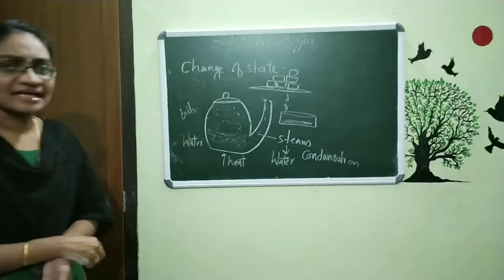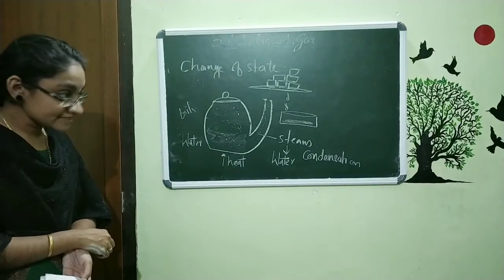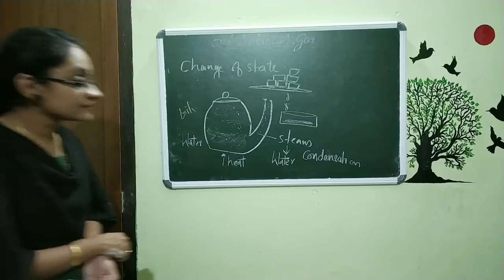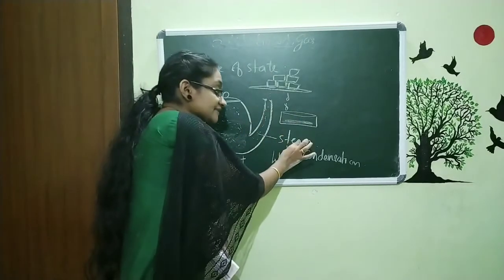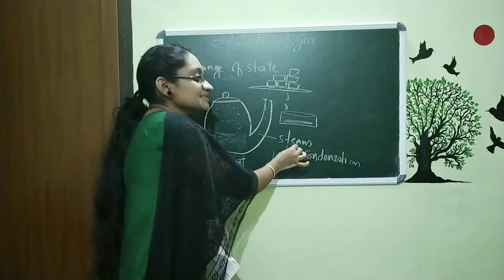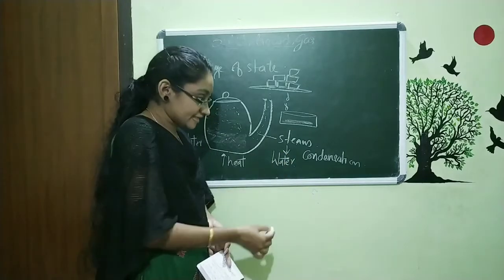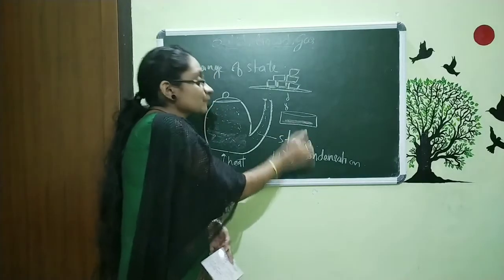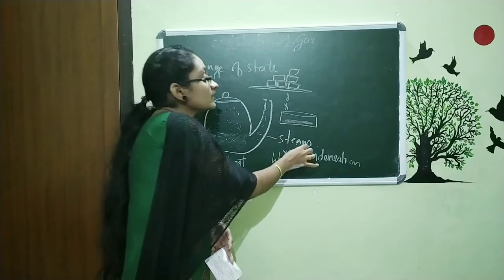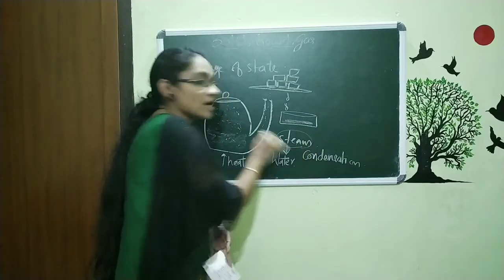So what is this condensation? Condensation is the process of conversion of gaseous state to liquid. The steam is in gaseous state and this water is in liquid state. So we can say condensation is the process of conversion of steam to water.